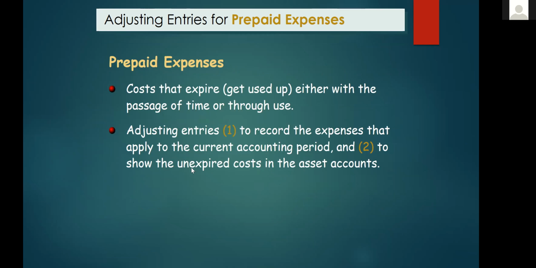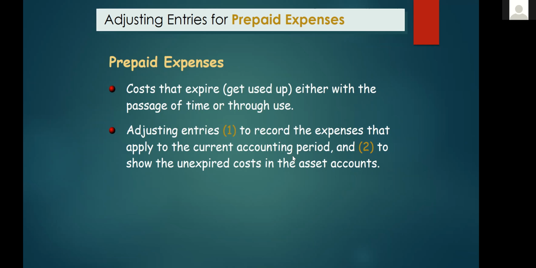If so, we do that adjusting journal entry to record how an item was on the balance sheet, was an asset, and now we're moving the cost over to an expense account on the income statement. And then whatever's left still has future value, hasn't been used up yet.